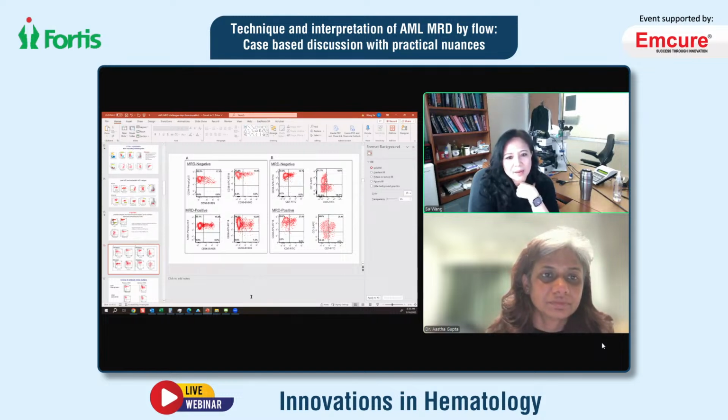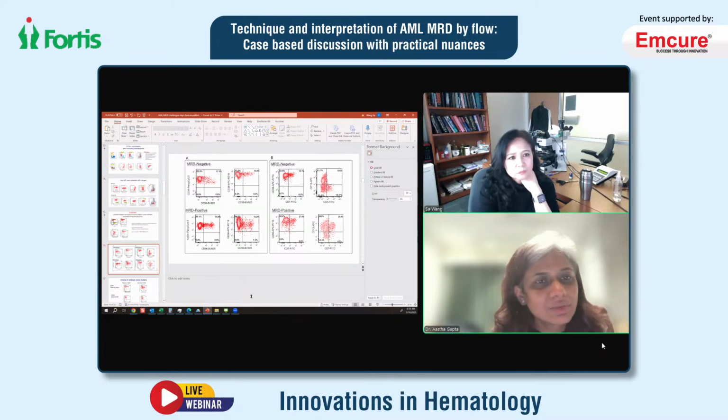However, differentiating mature versus immature basophils can be difficult by flow cytometry. Also, basophils tend to be more prominent after hypomethylating agent treatment. I would be more careful. If you don't see an aberrant blast and just see some basophils, I would not call it.